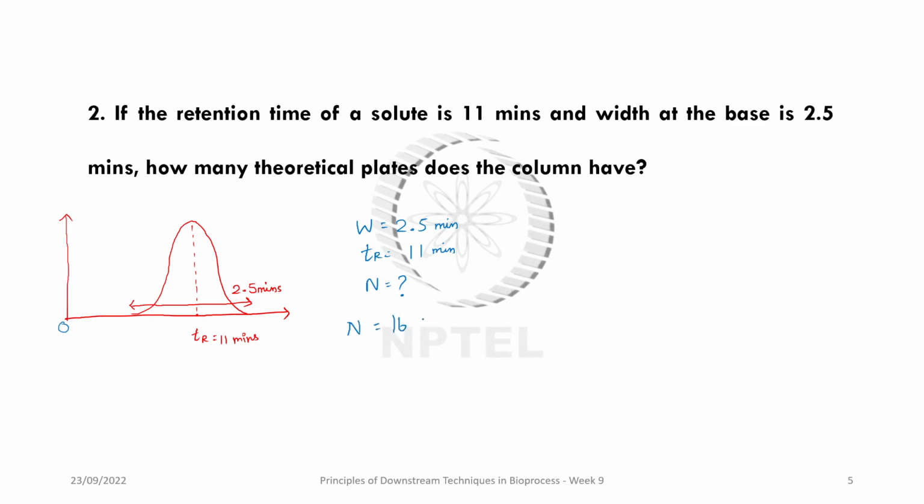If I tell you that n is equal to 16 into TR by W the whole square, at least now, come on guys, you can do this.